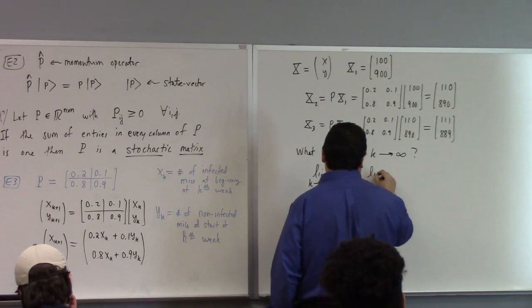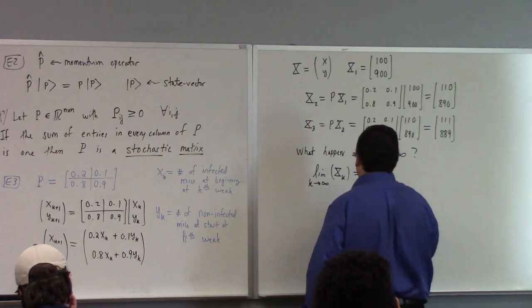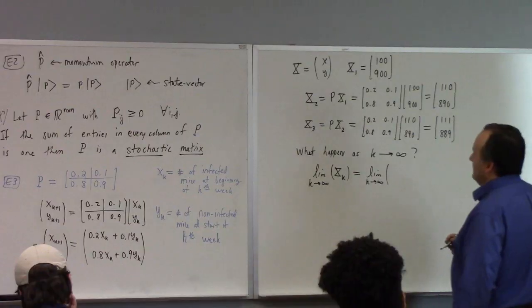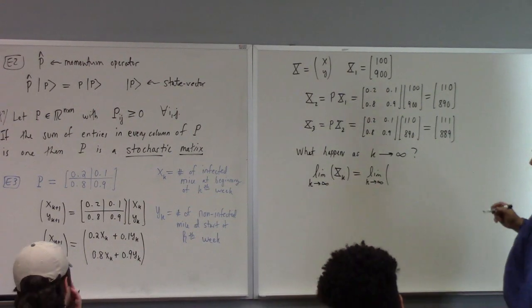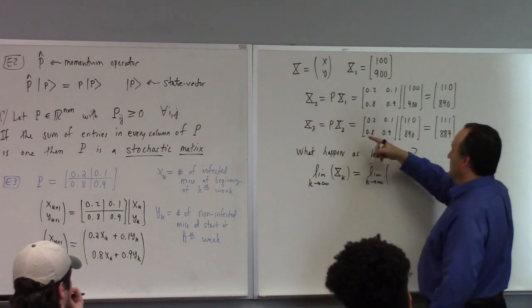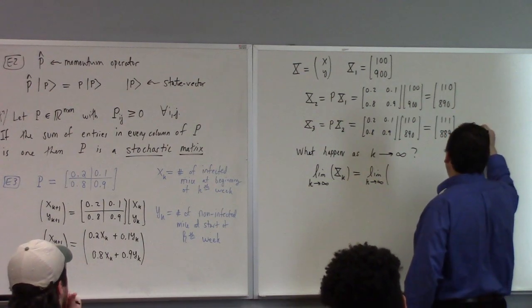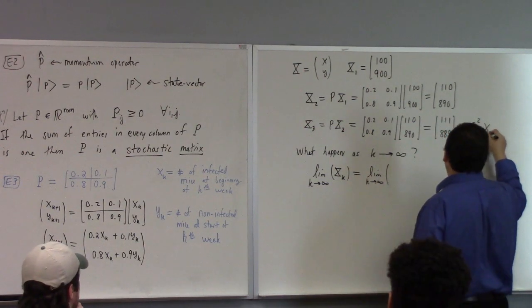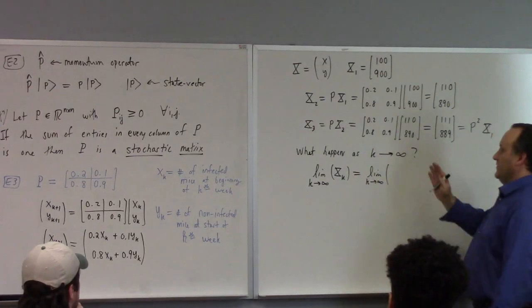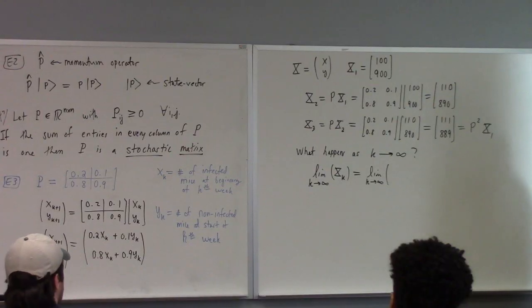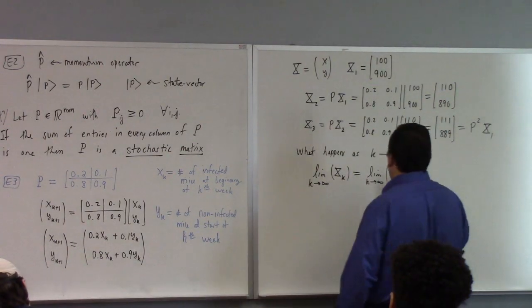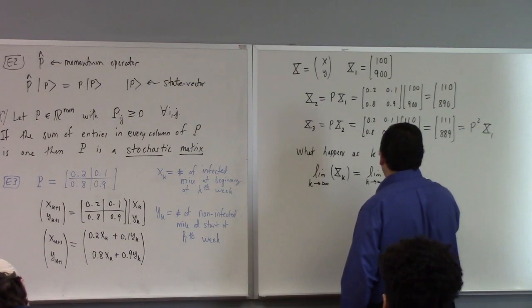What's the formula for x sub k in terms of p? Another way to look at this would have been, this is actually p squared times x1, right? We multiplied p twice to get this. So the kth one, I think, is p^(k-1).